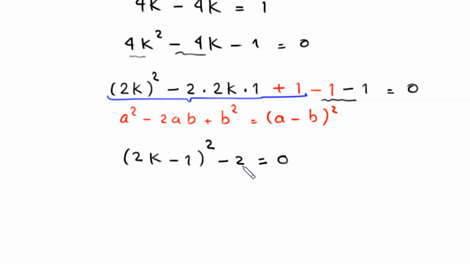Move this negative 2 to the right hand side. This will become 2k minus 1 whole squared is equal to 2, and we take square root of both sides.